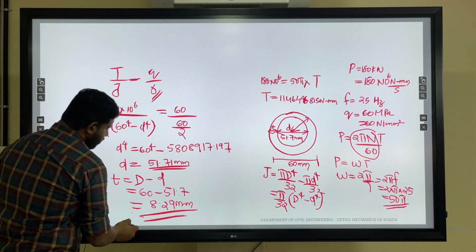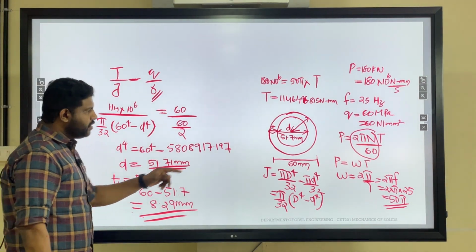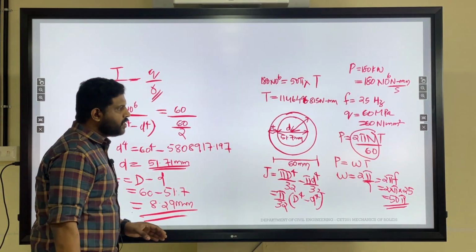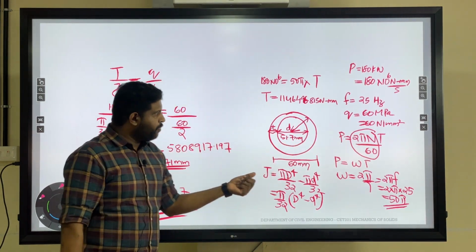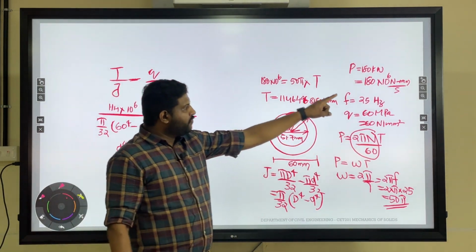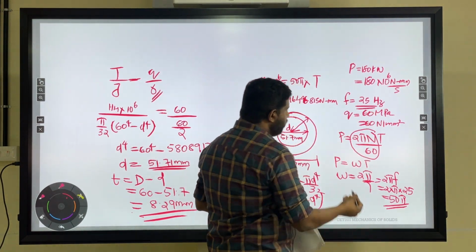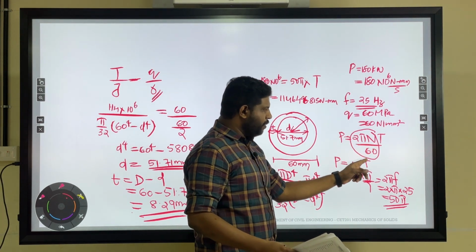So this is the question. We are asked to calculate the thickness of the shaft. For getting the thickness, we have to deduct the inner diameter from the outer diameter. The main difference in this question compared to the normal question is that instead of giving RPM, it is given in terms of frequency. So from frequency you have to calculate P. For that we have the basic equation, P is equal to 2 pi nt by 60.